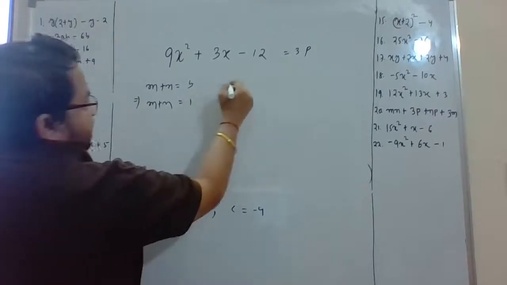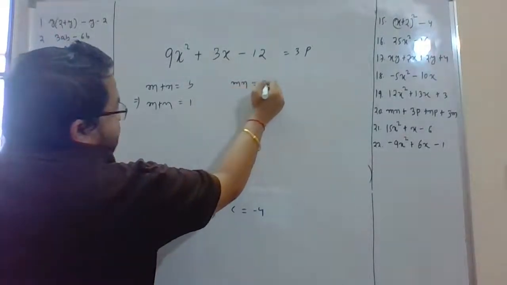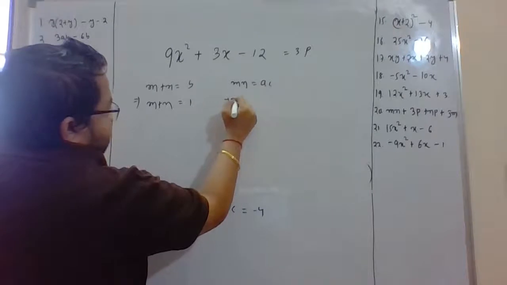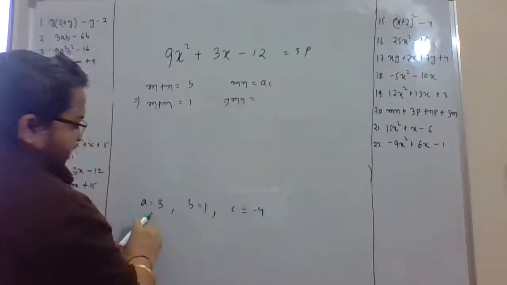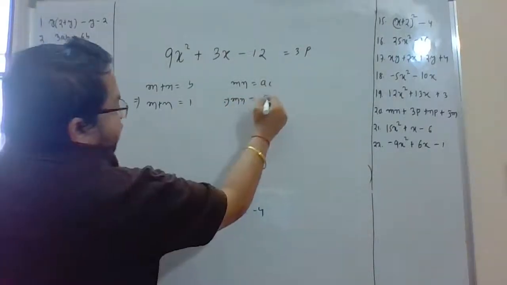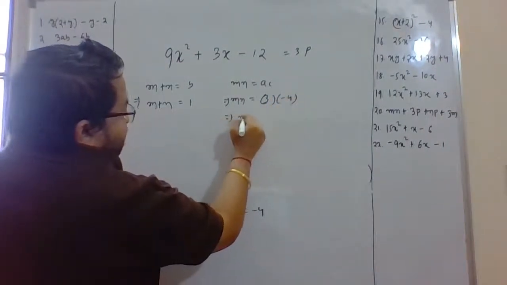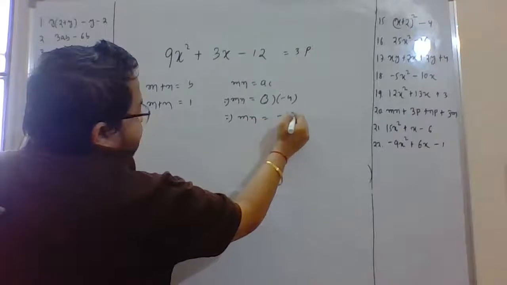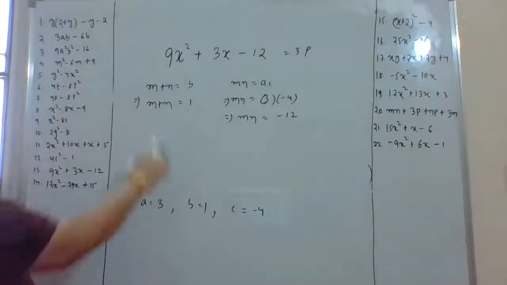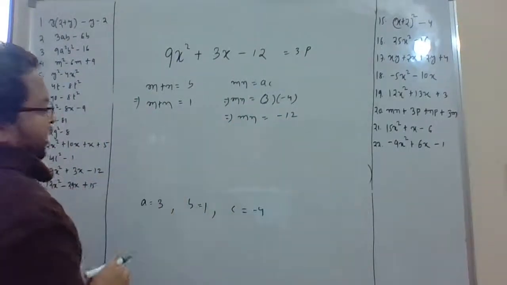And obviously mn equals ac, so mn equals 3 into minus 4, or mn equals minus 12. So m plus n is 1, mn equals minus 12.